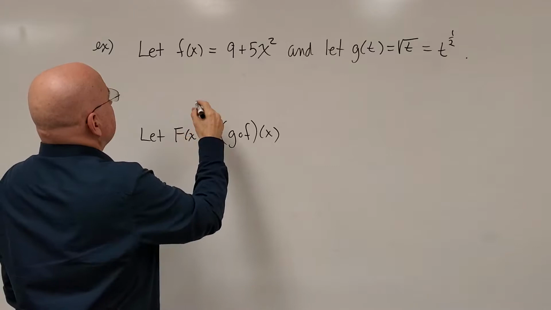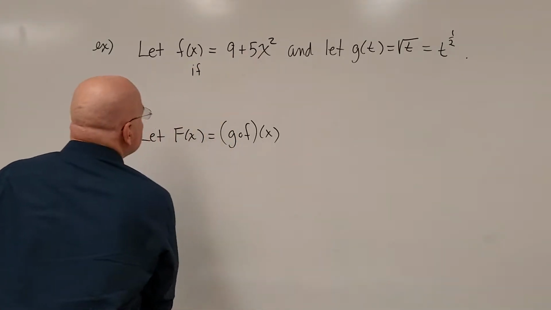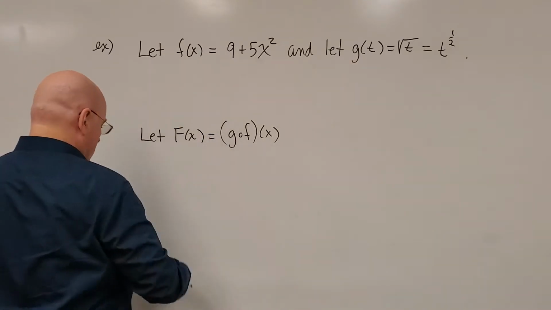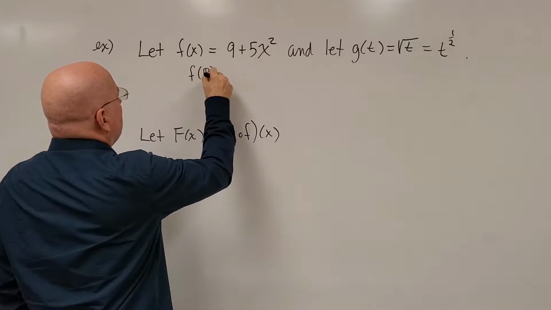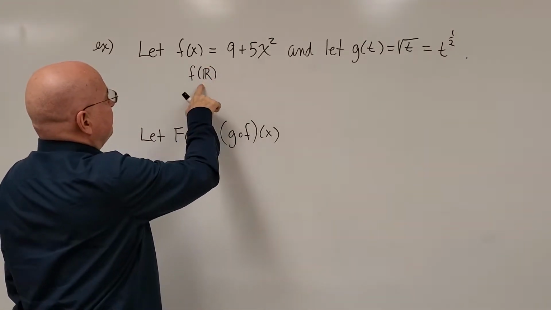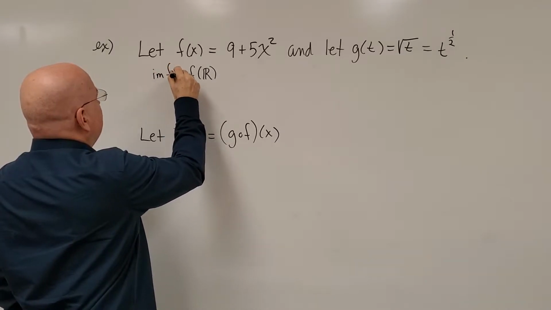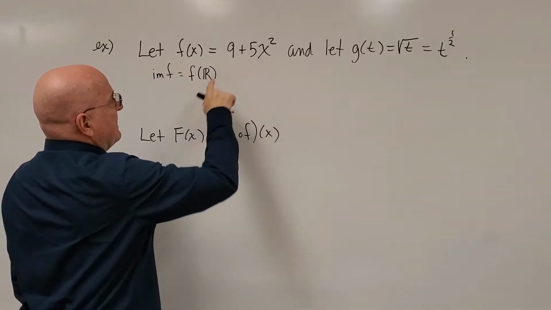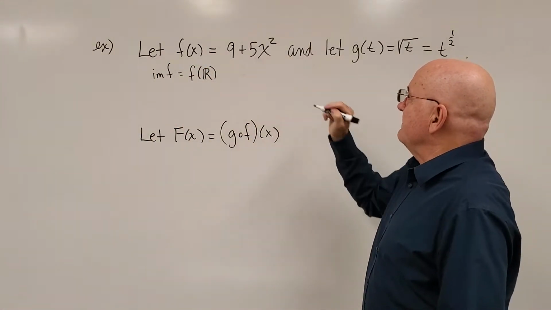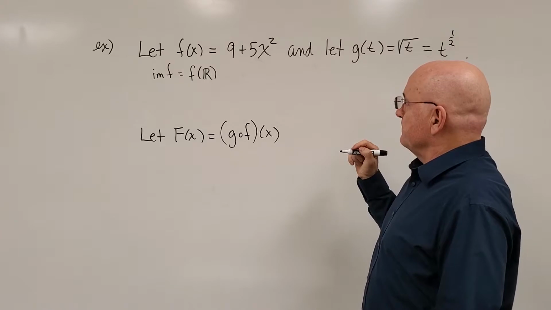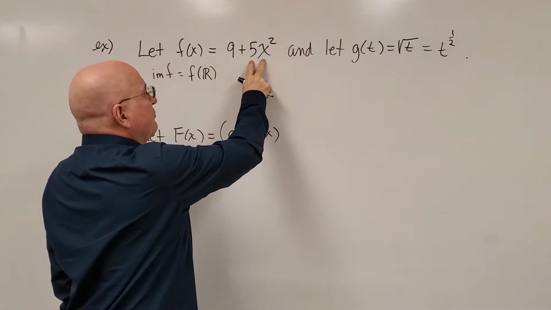Well, what is the image of f? Actually, I think the way we wrote it in the theorem was, what is f of R? That's the domain of f. So this will give us the image of f. What values can come out of this? Well, 9 is 9, plus 5x squared.